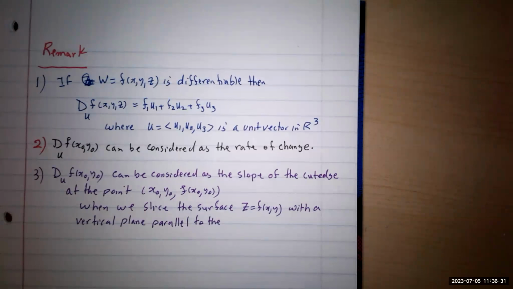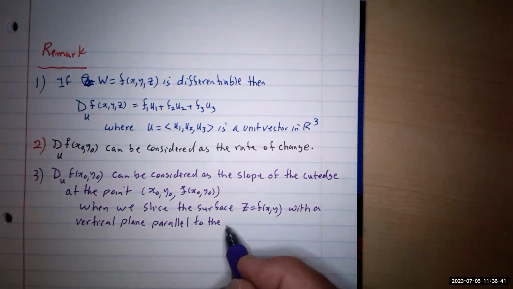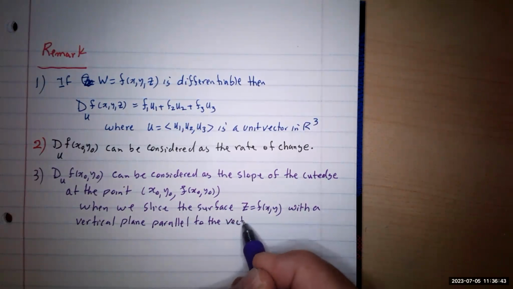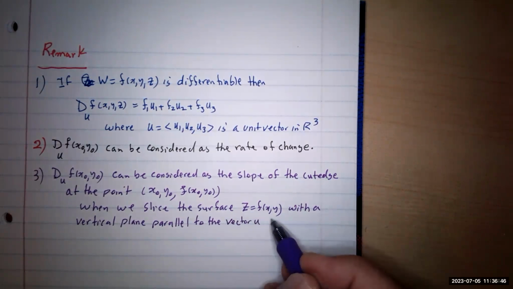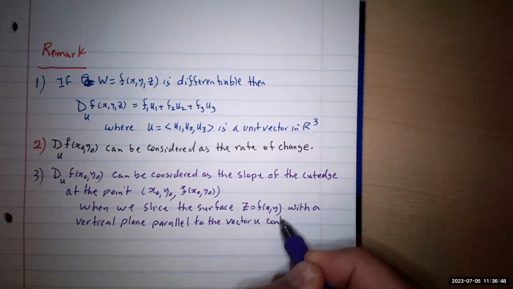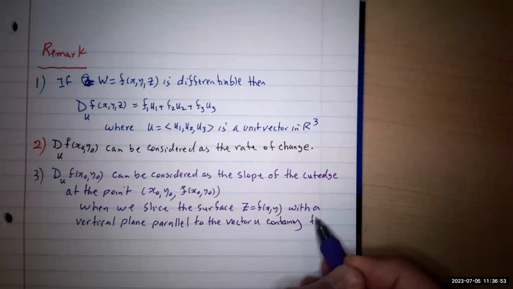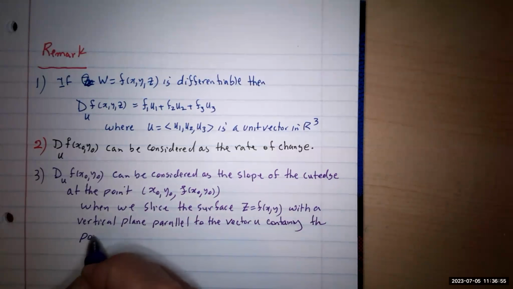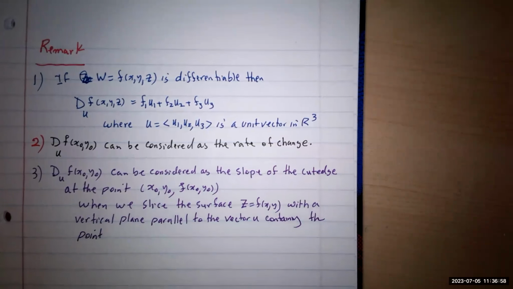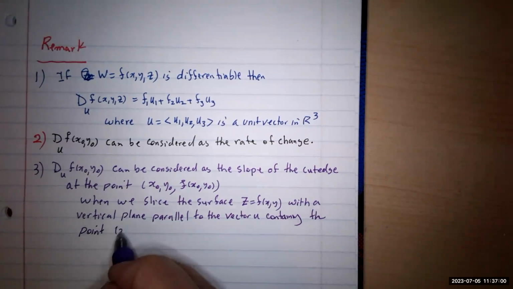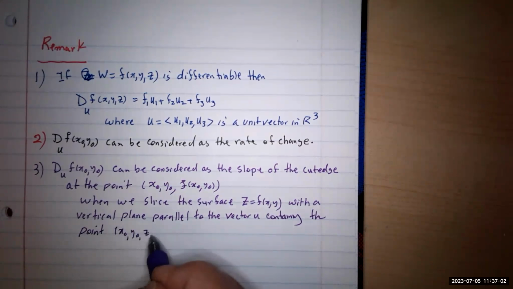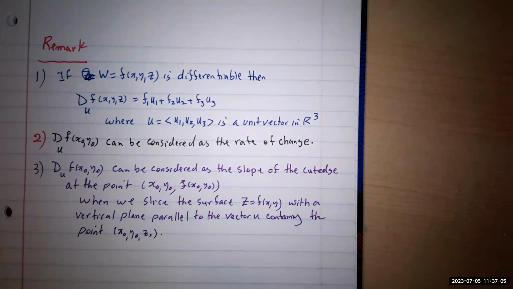Previously, we cut it in the direction of the x and the y. Now we do it in the direction of u. A vertical plane parallel to the vector u, and that plane containing the point x0, y0, z0. Use those software tools that I showed you, or just a calculator, and you can see it.